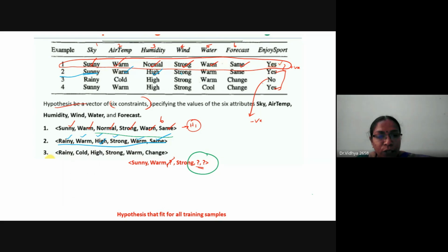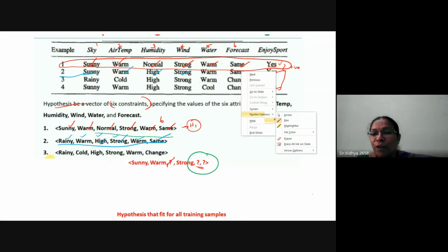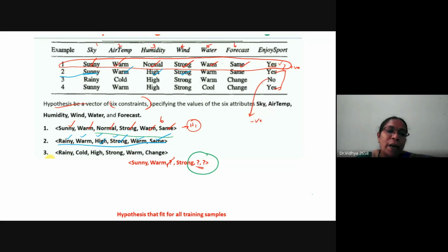The fourth attribute is strong in both. The fifth attribute is warm in both. Finally, the last attribute is same in both. But this second hypothesis is not suitable for the first attribute of the first 2 examples. Here it is sunny, but here it is rainy. It is not matching, so obviously this particular hypothesis may not give you the proper solution.